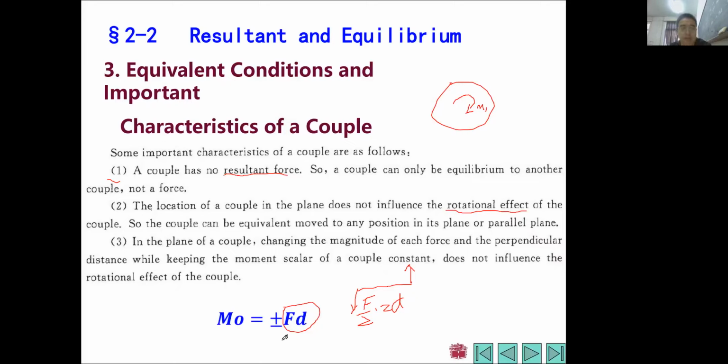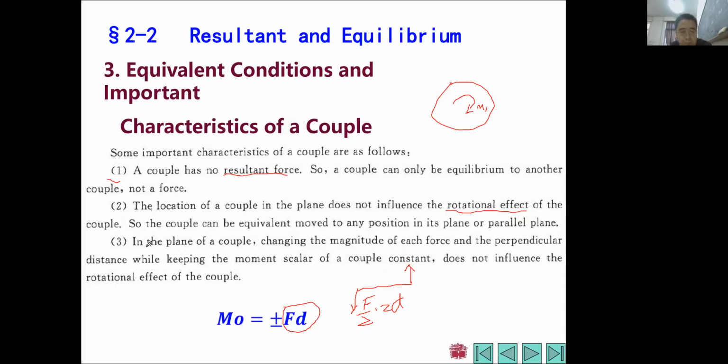Another one is direction. Actually, there is no location of a couple, only the plane of the couple, and the plane can be parallel without influencing the rotation effect of the couple.